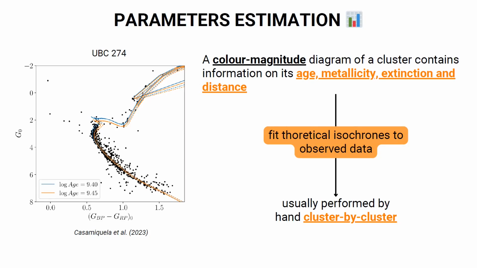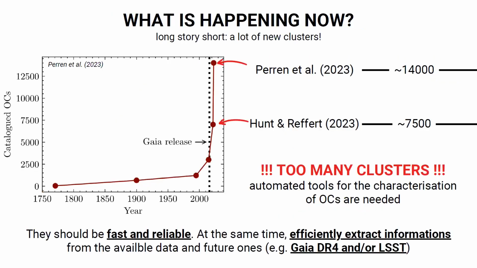And again, the problem is that now with Gaia, we are having a lot of problems with the number of things that we are detecting. So here you have a beautiful plot by Parent and collaborators 2023 that shows the number of cataloged open clusters, including those that are not real open clusters, reported as open clusters, as a function of the year.